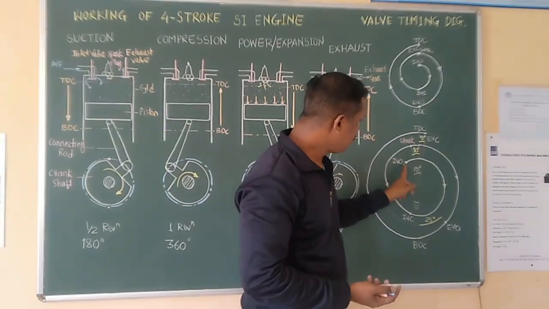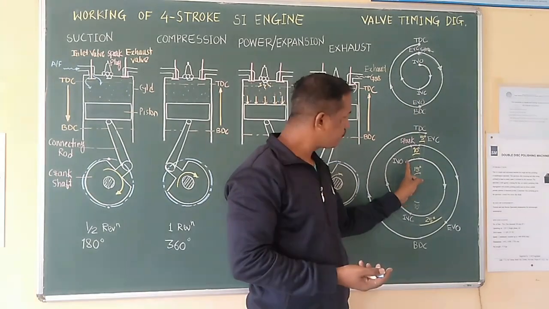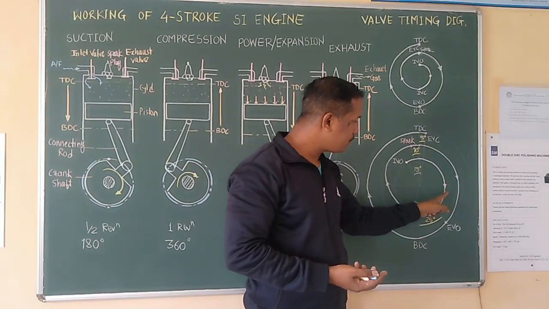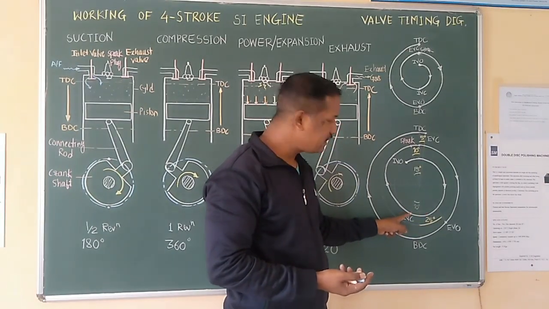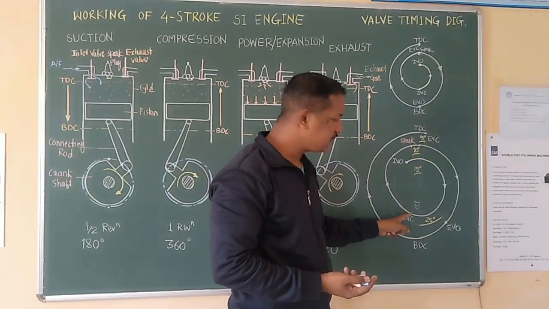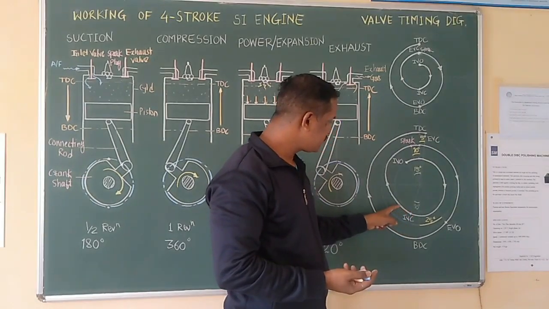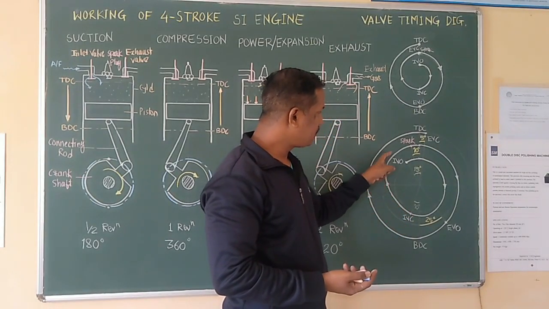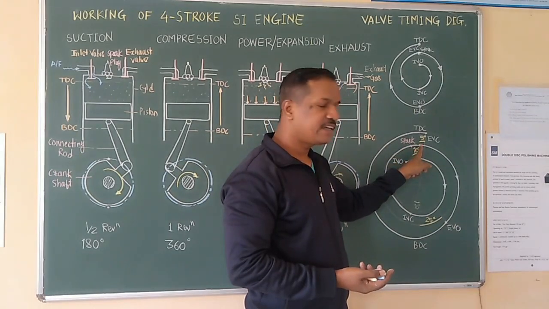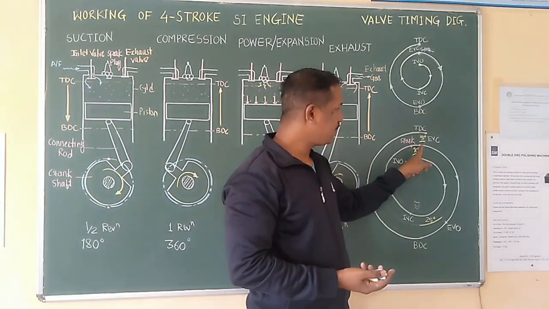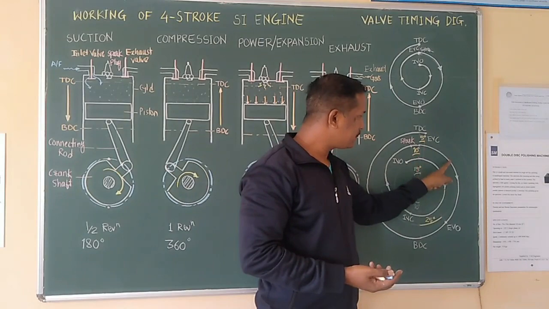But here 15 degrees before TDC the inlet valve opens, and 10 degrees after BDC the inlet valve gets closed. So the suction stroke is over. Then the compression stroke starts, and about 10 degrees before TDC, the spark is produced. Compression will end at TDC. Now the expansion gases try to push the piston down, so the expansion stroke starts.